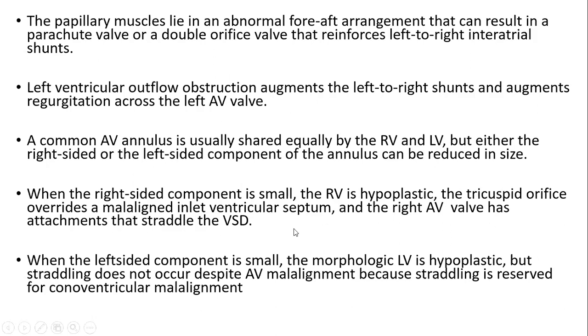The left ventricle can also be small and hypoplastic, but straddling usually occurs on the right side only. Straddling occurs on the left side when there is a conoventricular malalignment.